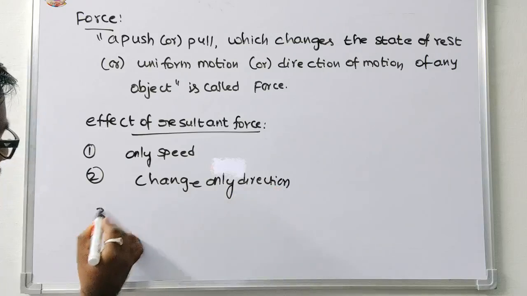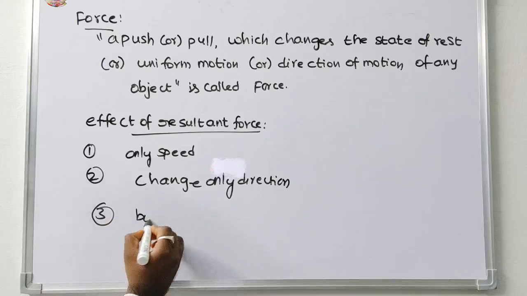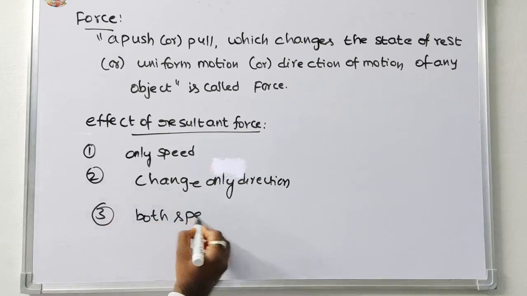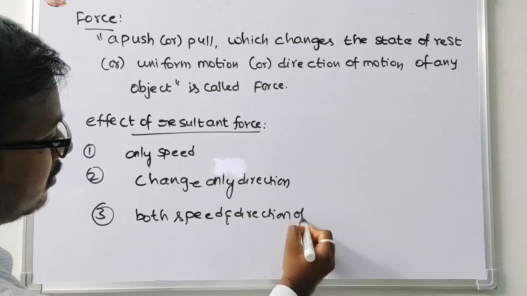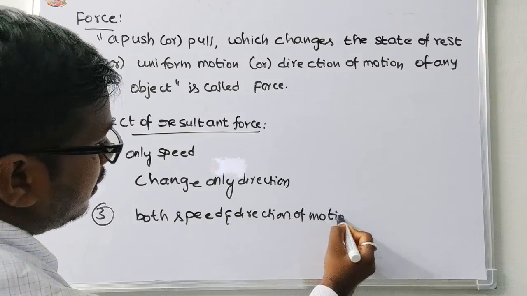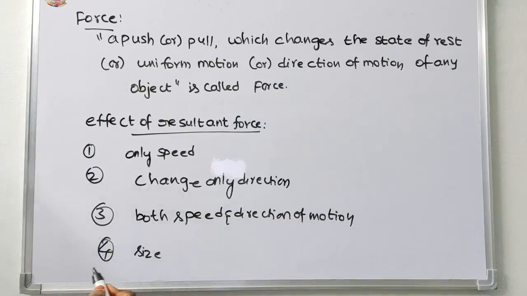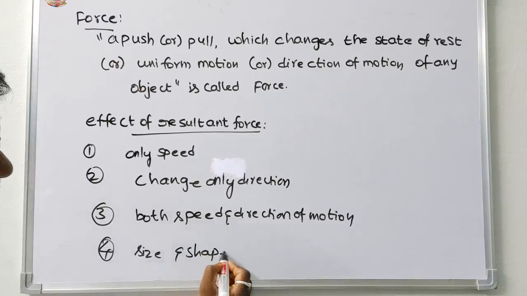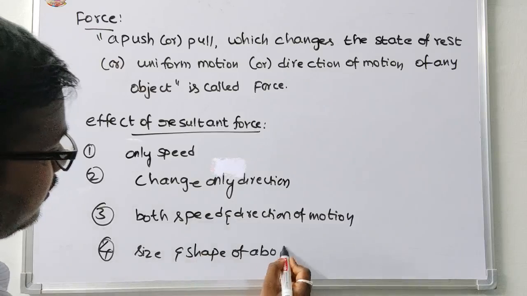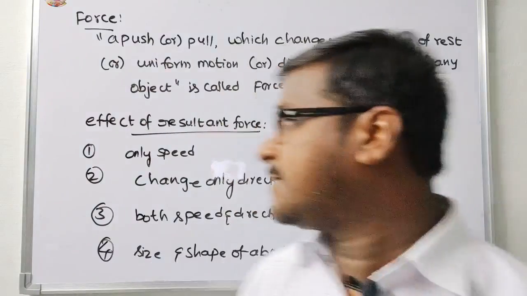Third, it may change both speed and direction of motion. Fourth is the size or shape of a body. These are the four effects of the resultant force.